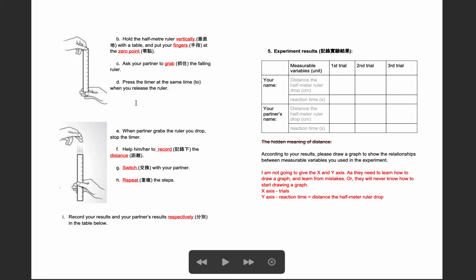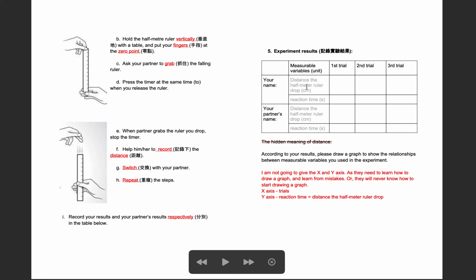But we want students to have active learning. So because we want students to have active learning, we set the experiment results here. We just give measurable variables as a hint.